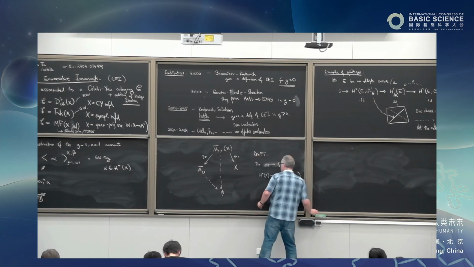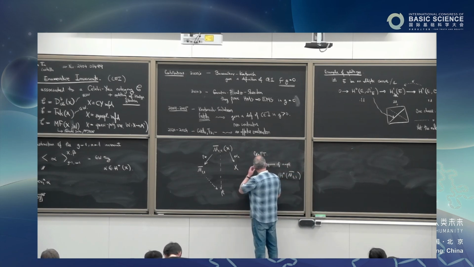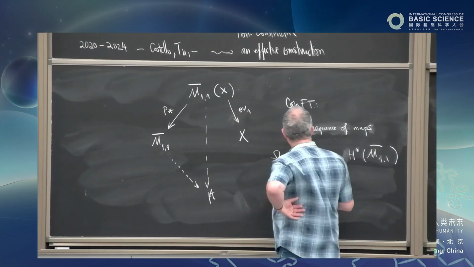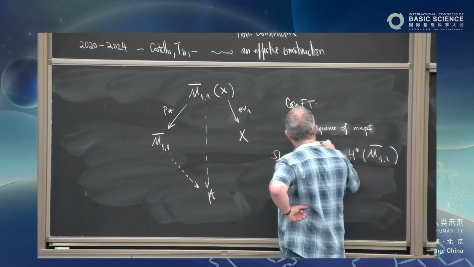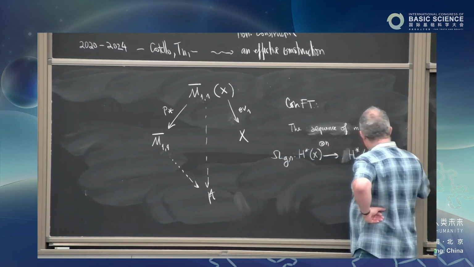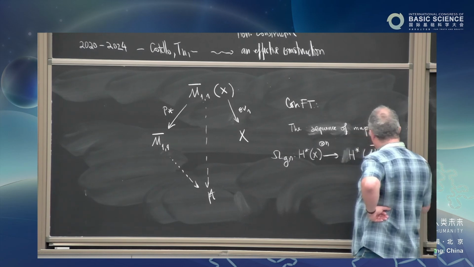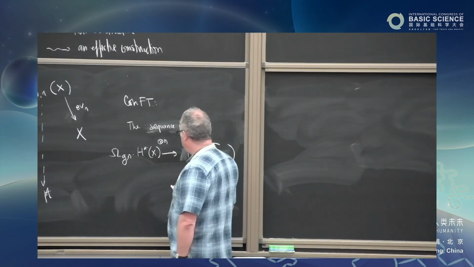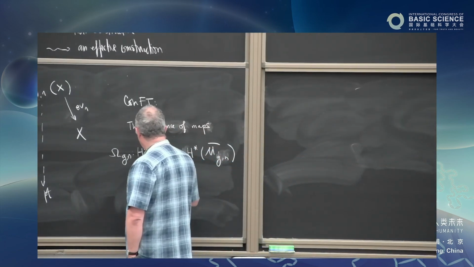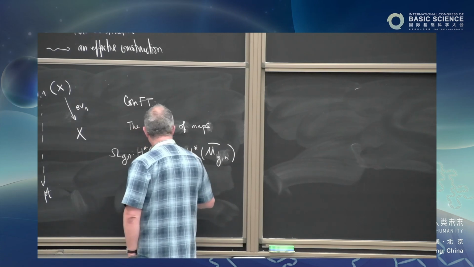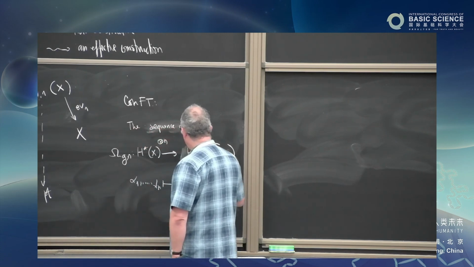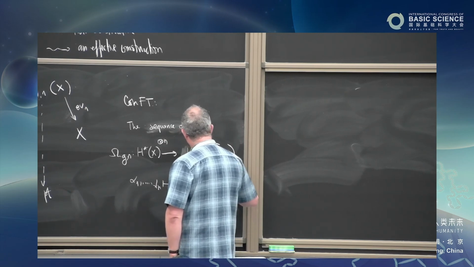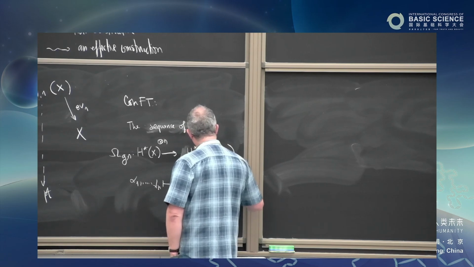Let's call it Omega_{g,n}, which goes from H upper star of X tensor n to the cohomology of M bar_{g,n}. And what that does is, if I have alpha_1 up to alpha_n, it goes to p lower star of f_1 upper star alpha_1 cup ... cup f_n upper star alpha_n.